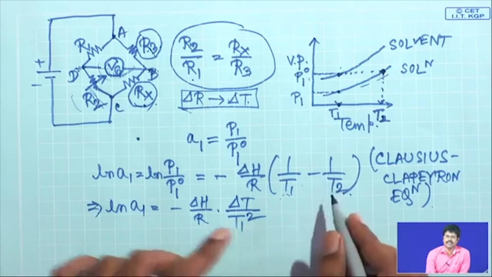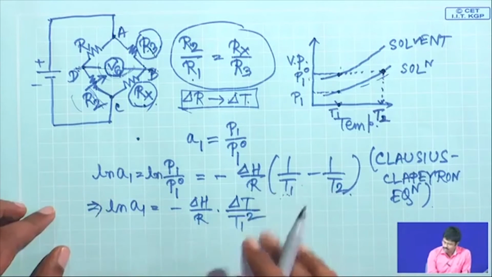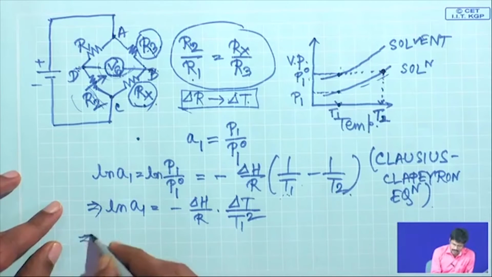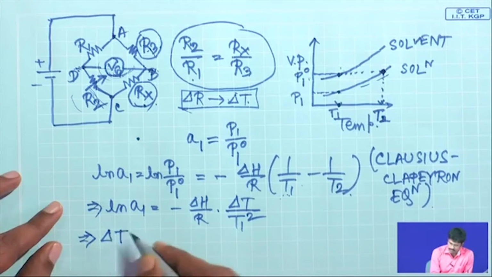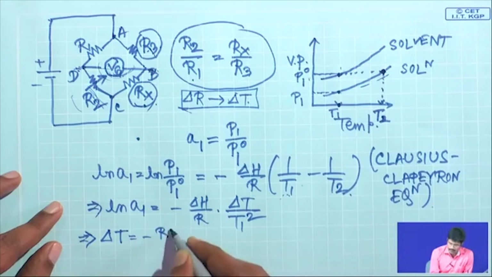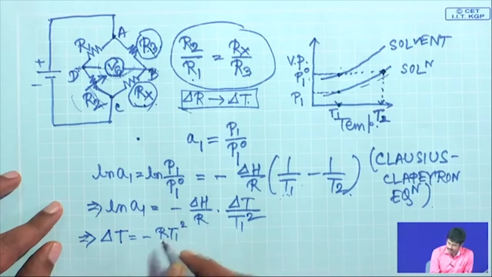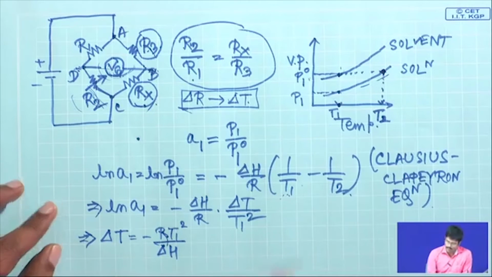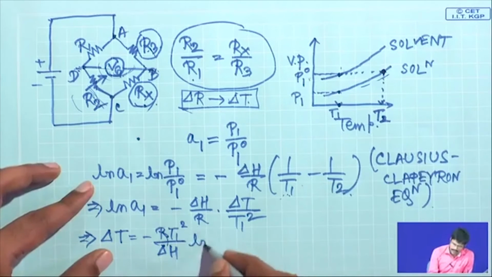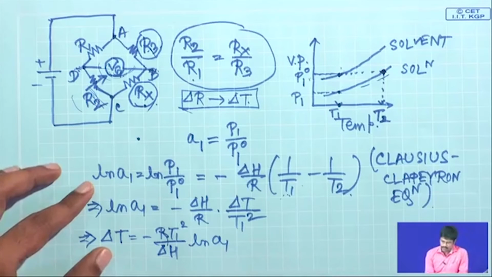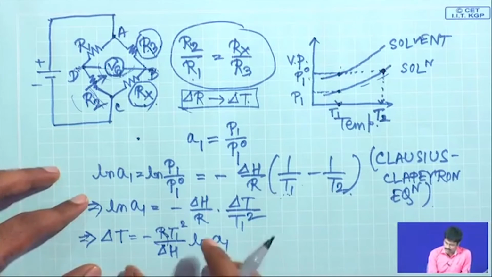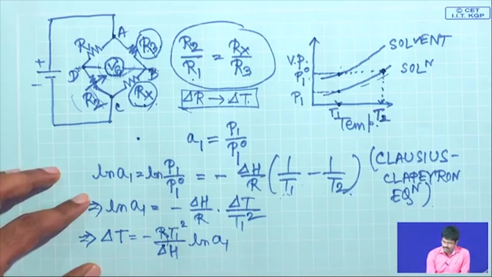There is a very small temperature change that happens. So, your delta T becomes equal to minus R T1 square divided by delta H into ln A1. Okay. Now, this is an important equation.